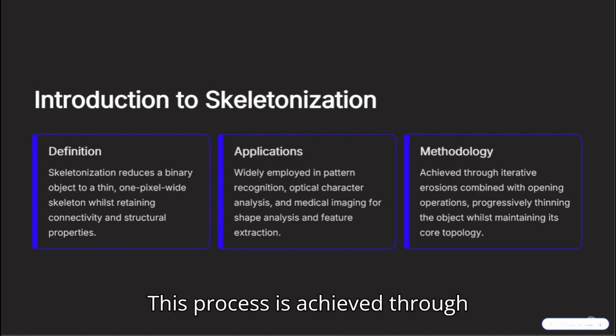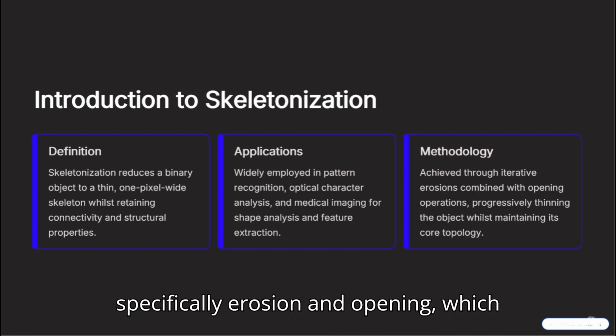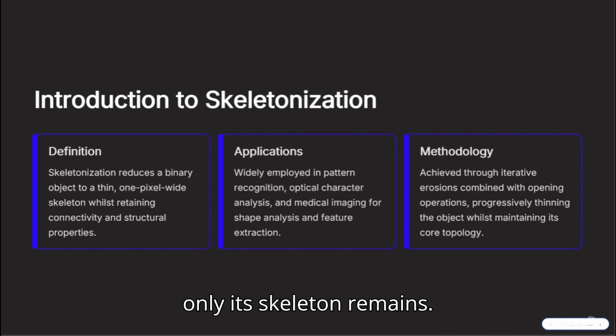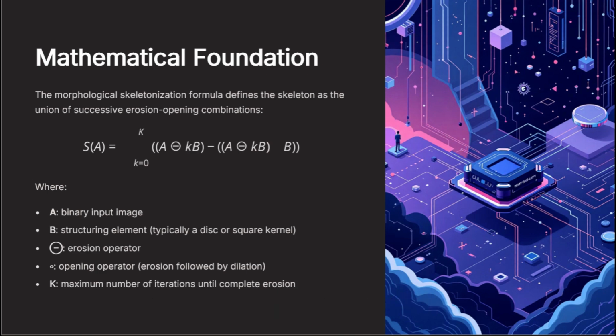This process is achieved through iterative morphological operations, specifically erosion and opening, which progressively thin the object until only its skeleton remains. The mathematical foundation of skeletonization is based on morphological transformations.